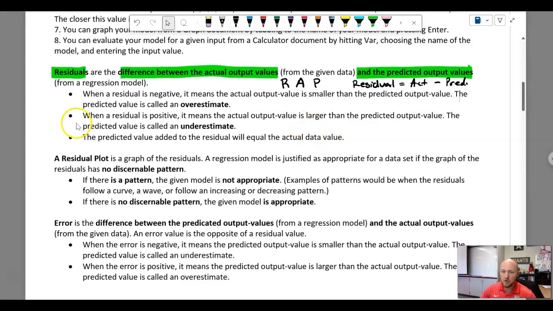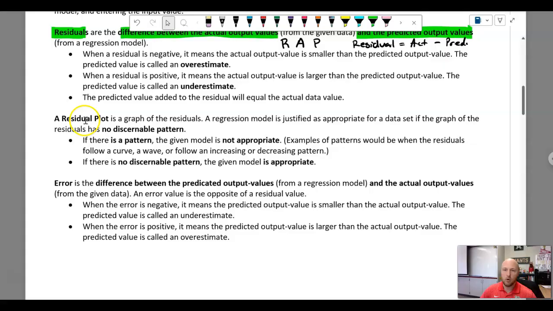Now, you can go ahead and see a residual plot, and I'll show you this on Desmos, which is a graph of the residuals. And a regression model is a justified, appropriate model for a data set if the graph has no discernible pattern. Okay, so if it's appropriate, you're going to get no discernible pattern. I want you to underline this or highlight this or write this down. A model is appropriate if there's no discernible pattern, meaning my residuals, when you see them, are kind of all over the place.